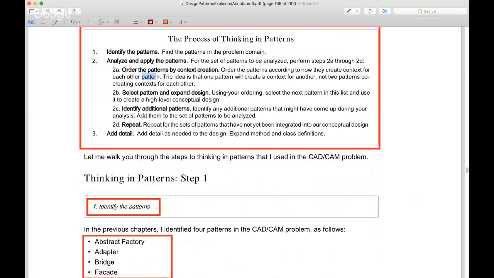So the key idea is that as you get started, you have the overall context, which is really complicated. See if you can find a crinkle there in which you can identify a pattern that will solve that crinkle. And then that solves the problem at that level of abstraction.